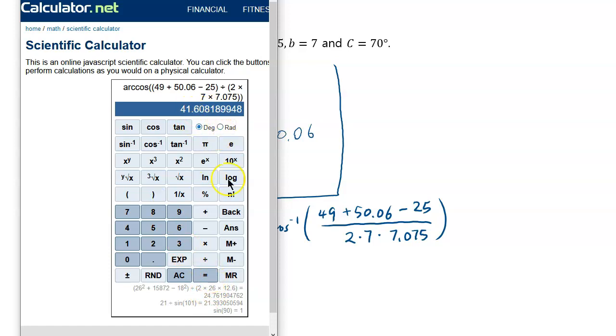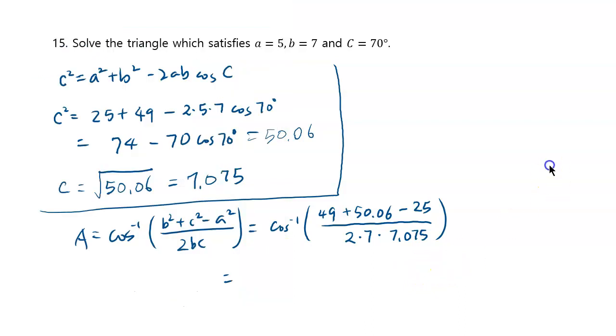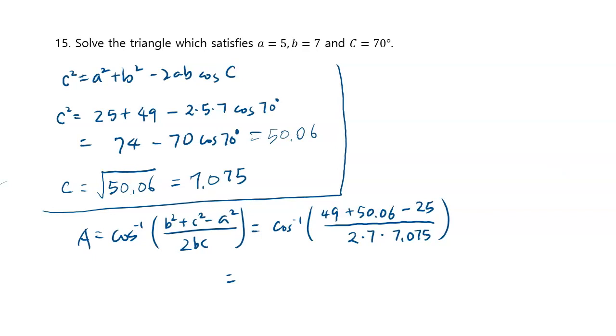That's to the nearest 4 significant digits. 41.61. Okay.